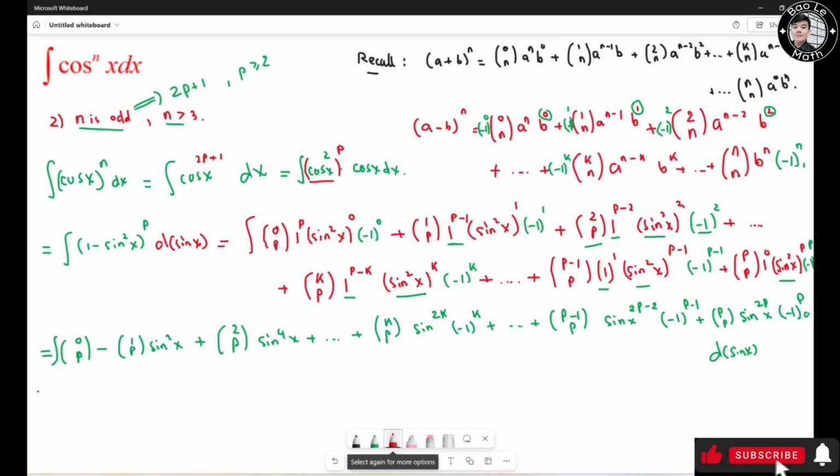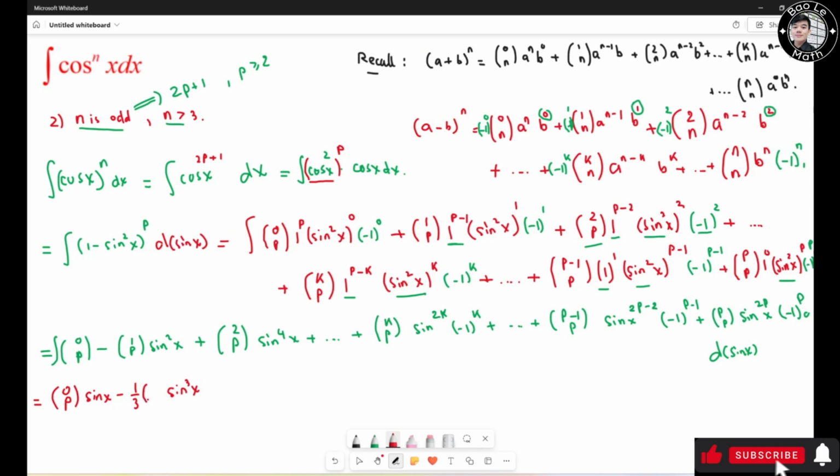Alright, the last step is to take the antiderivative of this one. So this is a constant, right? So the antiderivative of this one should be the combination of 0, p, sine s, right? Because we have d sine s right here. Minus 1/3 sine cubed of s, right?